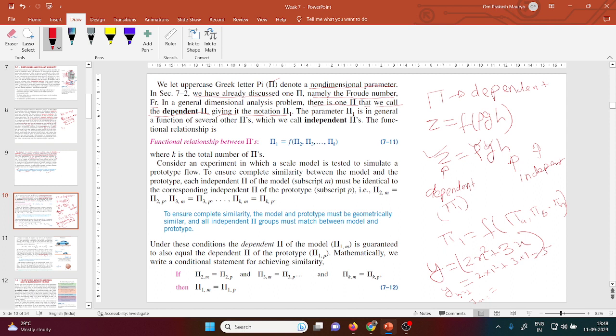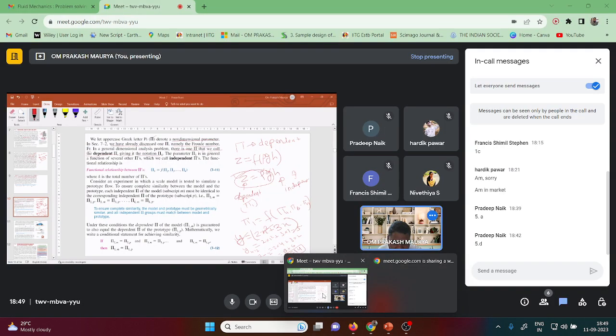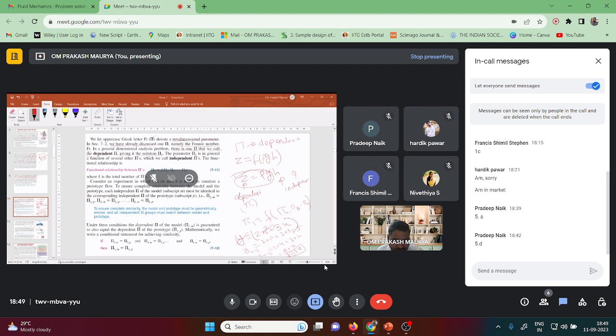And dependent is what? If you change the value of x, your y is affected. With x equal to 2, y is 2 into 4 plus 3 into 2, that is 8 plus 6, which is 14. So y is affected. That is the meaning of dependent and independent. Just for the sake of understanding I was taking this kind of example. I think Francis, you got it.